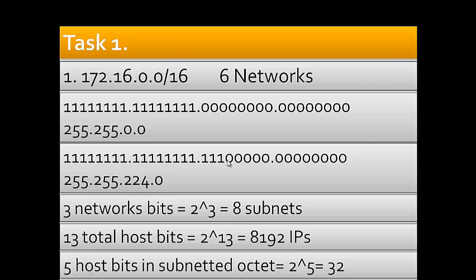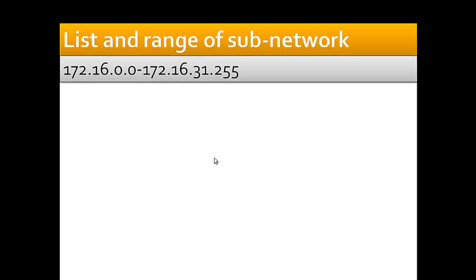So focus here on the host bit number. Here are 5 host bits. 5 host bits is 2 exponent 5, which is equal to 32. 32 is the range on the third octet, and we will go through 0 to 31. Now we will make the list and range of the subnetworks.